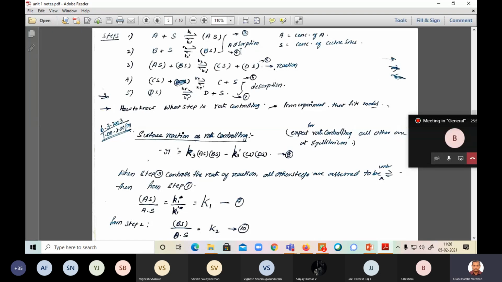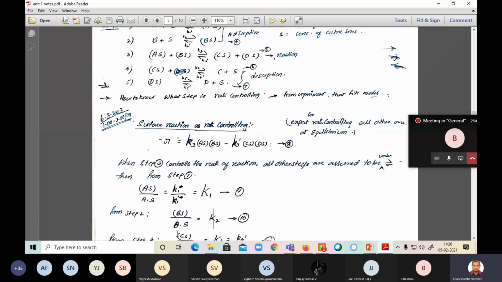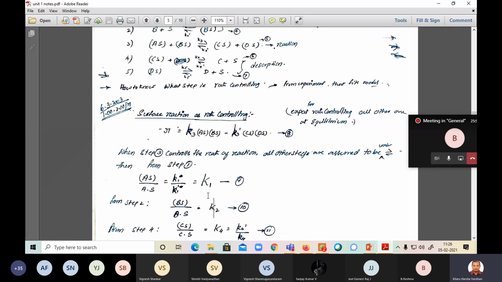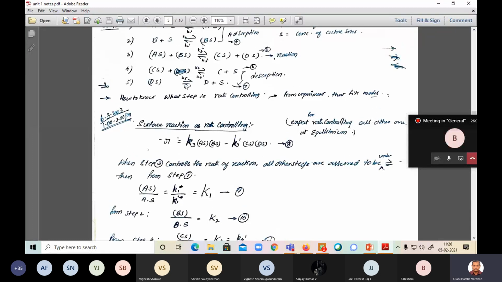Like that, from the second step we can write K2, which is capital K2, the equilibrium constant. Again, it is B.S divided by B dot S. The same way you write. Like that, from the fourth equation we get C.S divided by C dot S is K4. Here it is reversed because the intermediate is on this side. For earlier steps, the intermediate is on the right side.